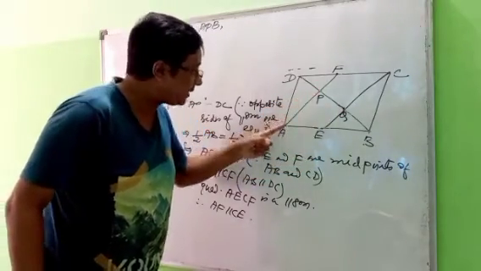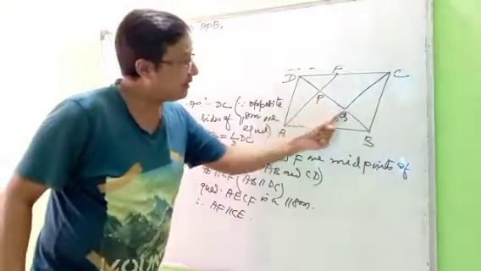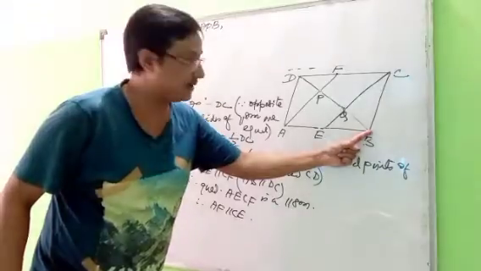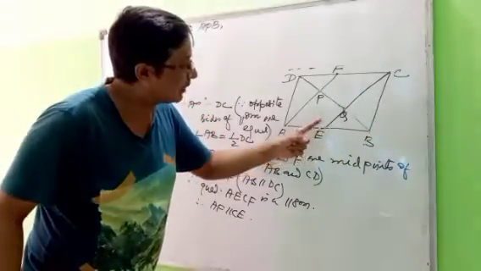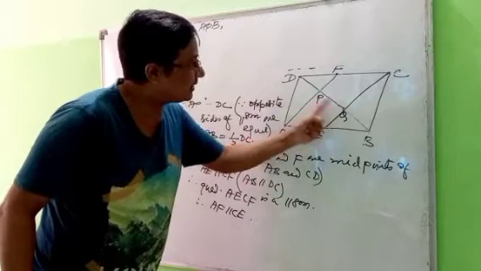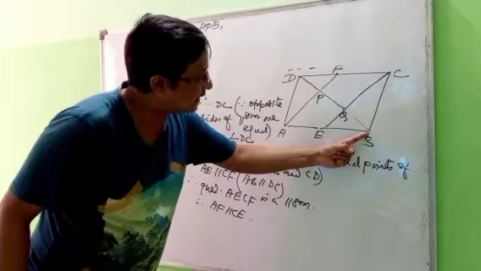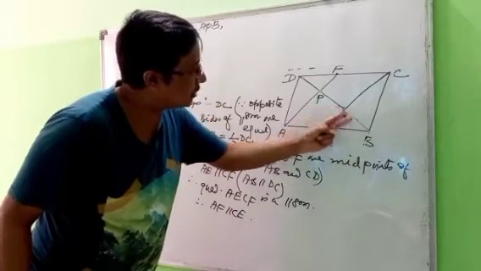So the other side is AP, which is the second side. So this PB becomes the third side. In that case, the line drawn through the midpoint parallel to the other side will bisect the third side. That means Q is the midpoint of PB. In that case, PQ equals QB.